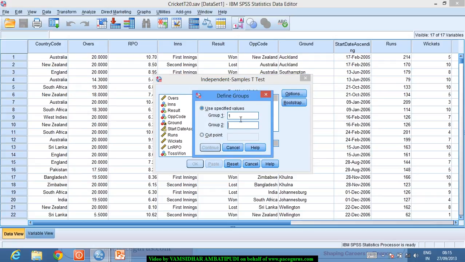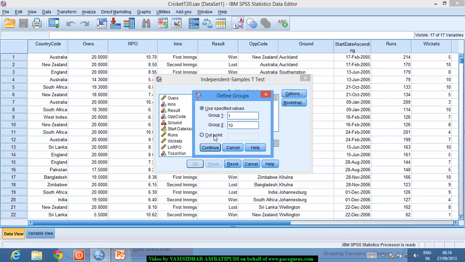So here I am defining the groups. Group 1 is having a value of 1 and group 2 is India, which is having a value of 10. In some cases, if my group variable is not a nominal variable, it's a scale variable, then I would typically be looking at putting a cutoff point, saying any number below this is one group, and the records with values above this go into a different group.